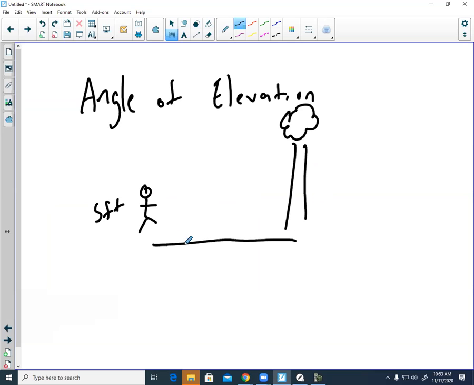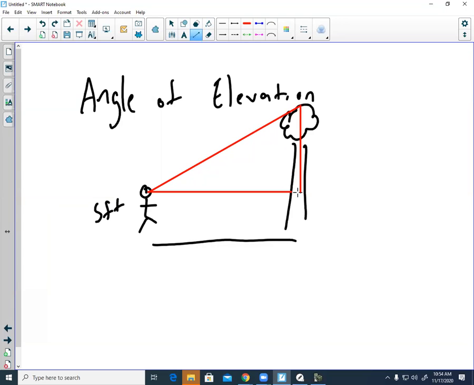We don't know what that distance is, right? And then they're saying that the angle of elevation is 30 degrees to the top of the tree. We would create an equation, and the angle of elevation would go from their eye level up to the top of the tree, and then we would create our right triangle that looks like this, and we would fill in the information that we have here.